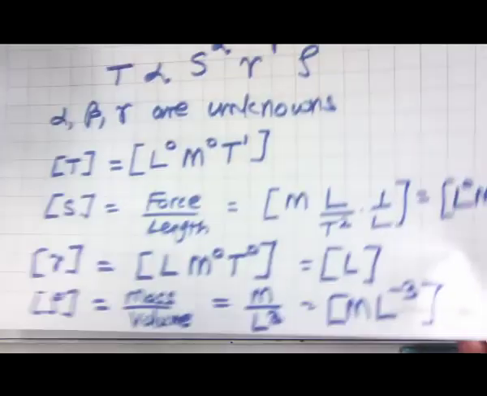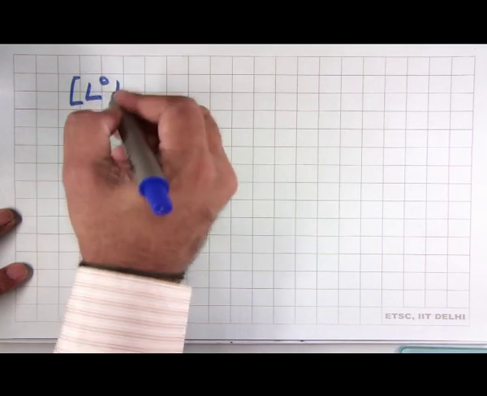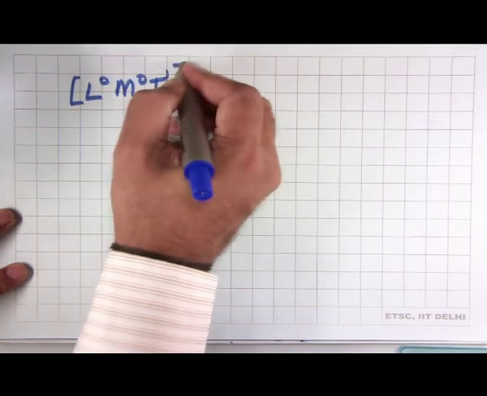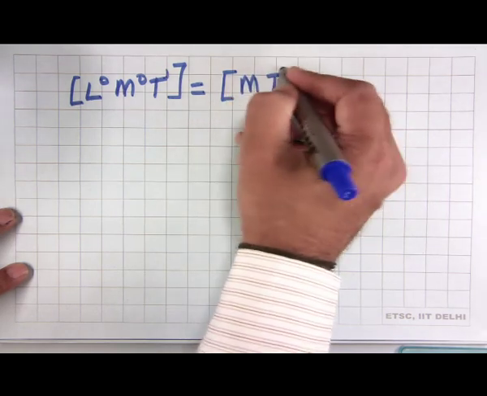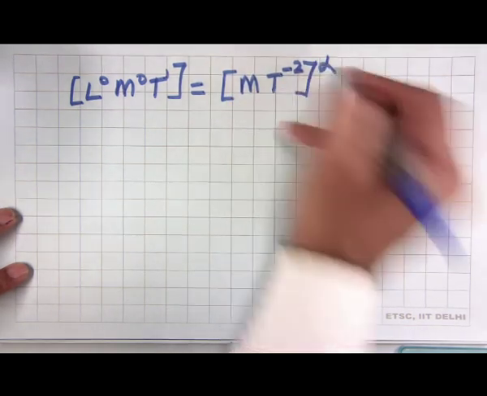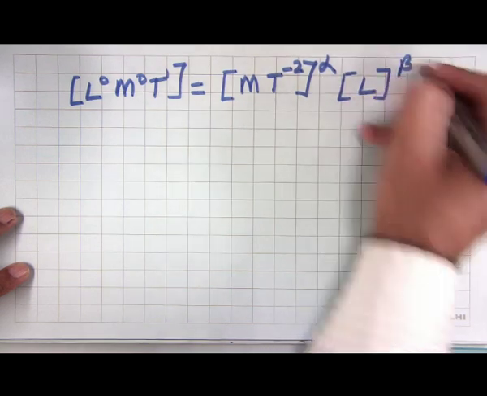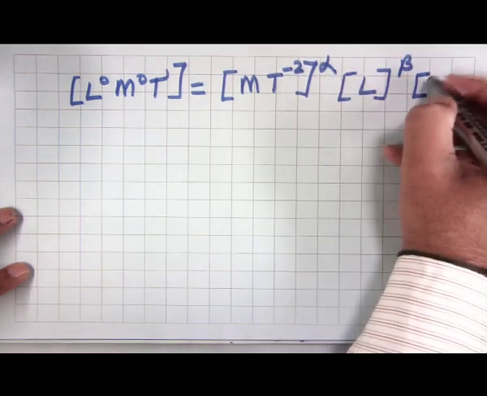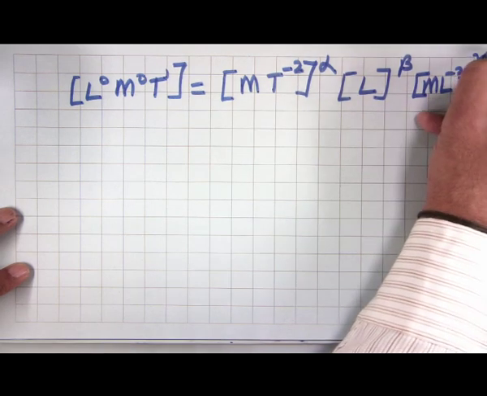So, now when we finally express this, what we get is L to the power 0, m to the power 0, t to the power of 1. This is equal to m times t to the power of minus 2 to the power alpha, L, this is the dimension of r, to the power beta, and m times L to the power of minus 3 to the power gamma.